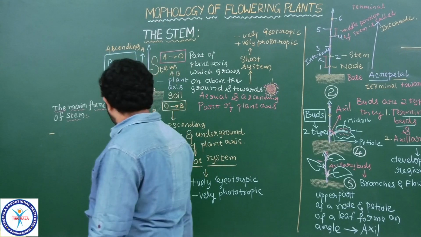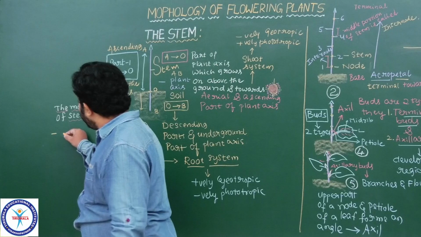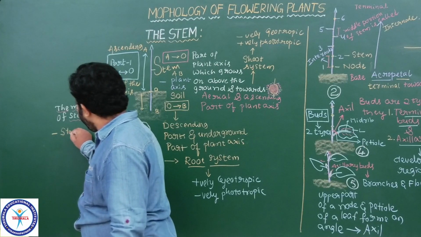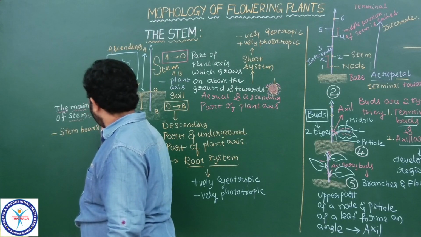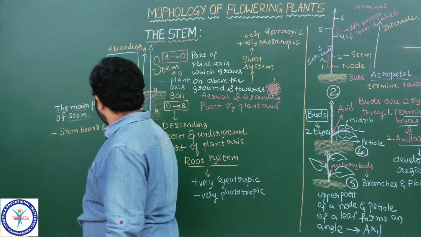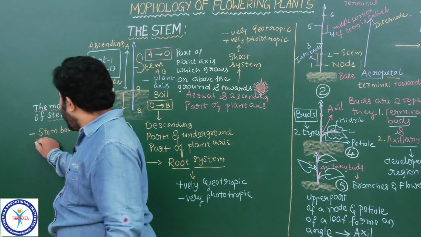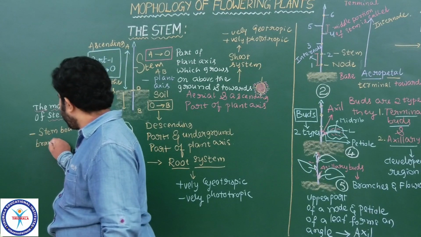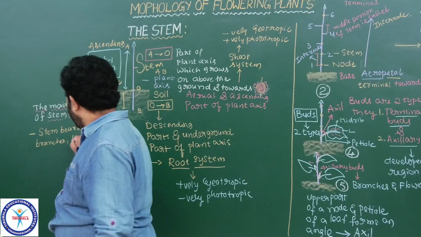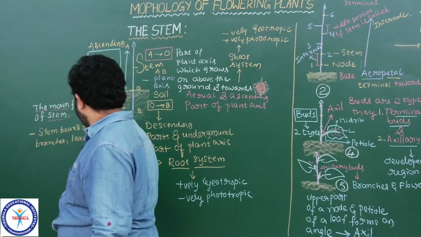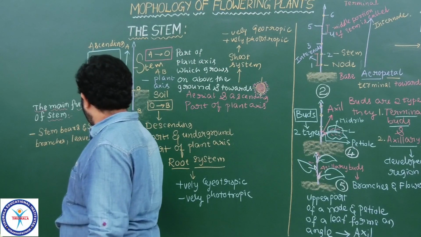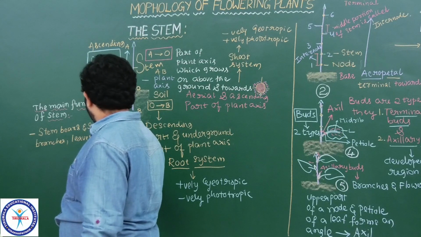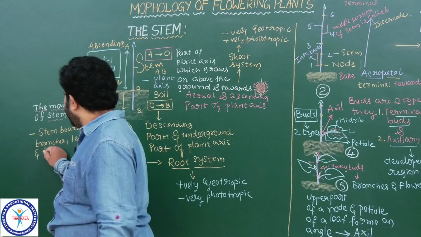So the main function is that the stem bears and supports branches, leaves, flowers, and fruits.